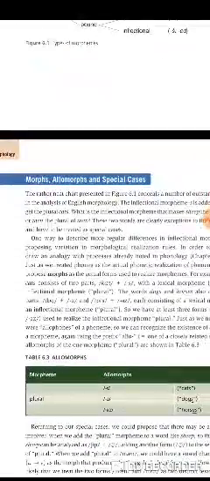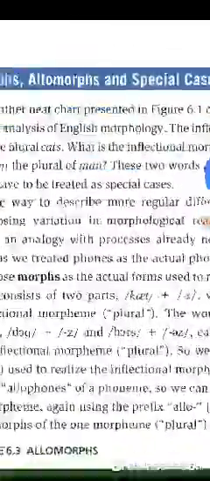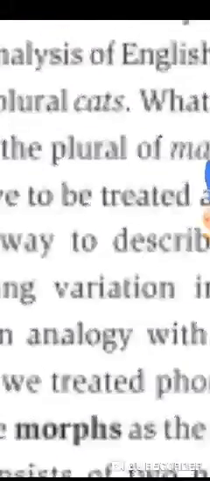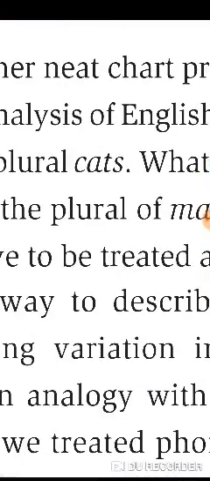We said that the little parts are said to be morphemes. For example, the word something like cat, line 3, has got two morphemes: cat and S plural.